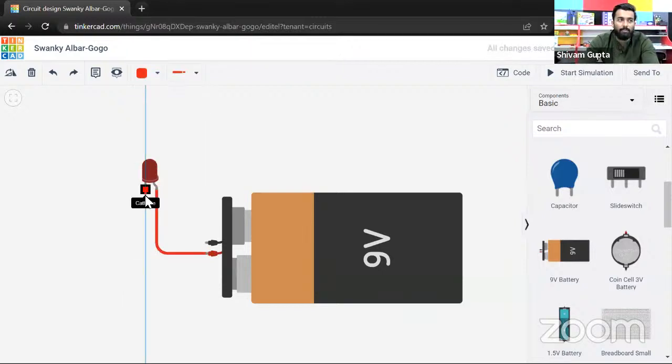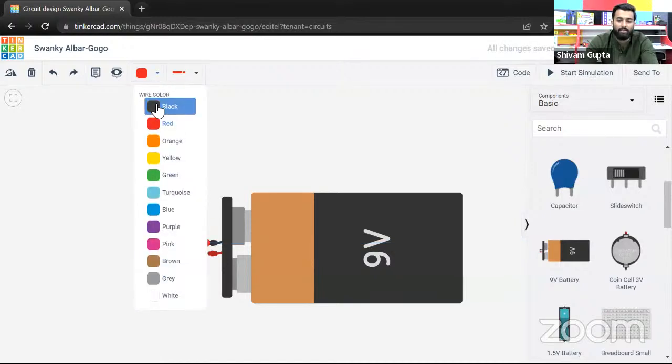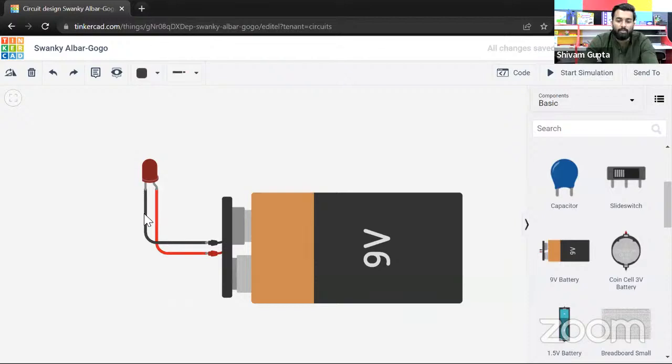And similarly, we can take the second leg and turn it black. So this is negative, right? Now, after forming connections, we can click here on start simulation.